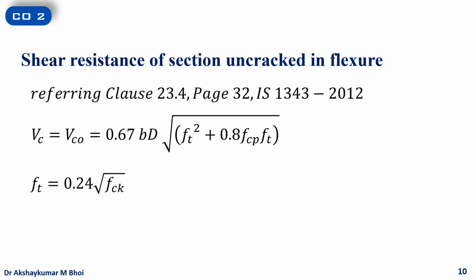So if we put the value of fck equal to 40 Newton per mm square, we get ft as 1.518 Newton per mm square.